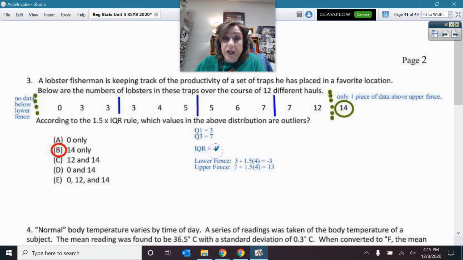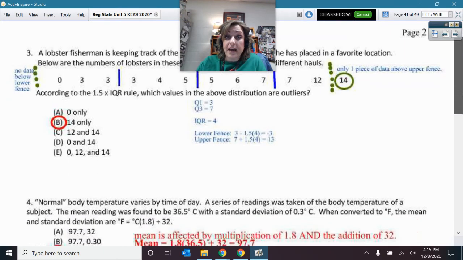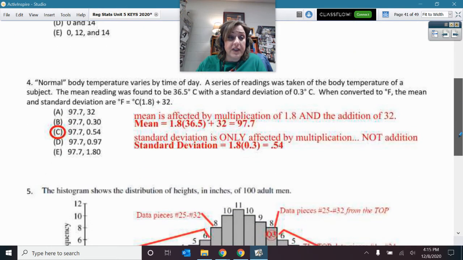There's the IQR, so I did my fences. The lower fence is at -3, and there is no data below the lower fence. My upper fence is right here at 13, and 14 is a piece of data above the upper fence. Outliers are data above the upper fence or below the lower fence.